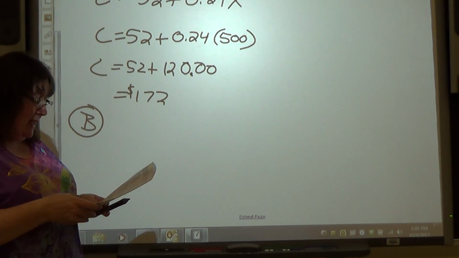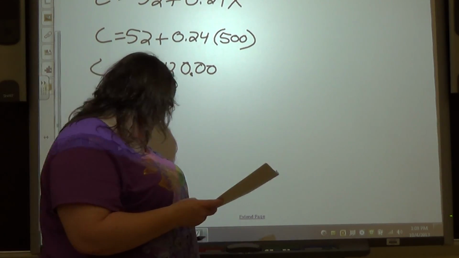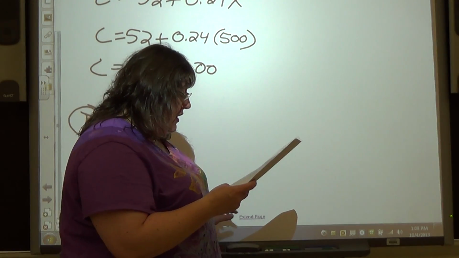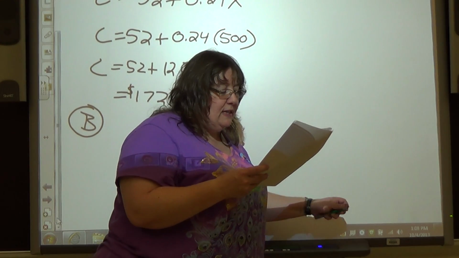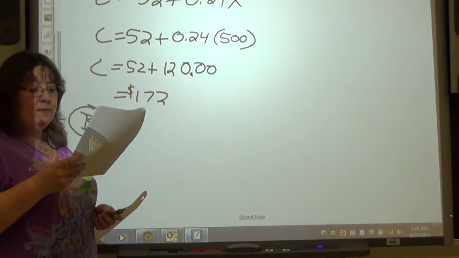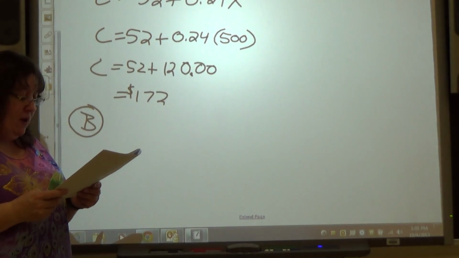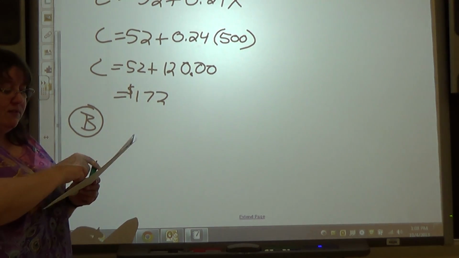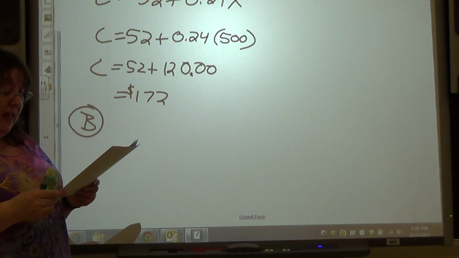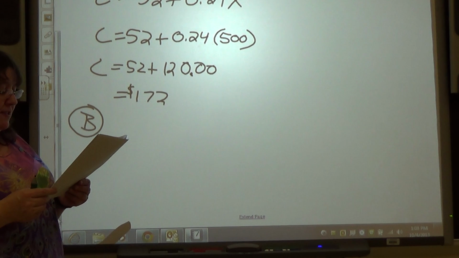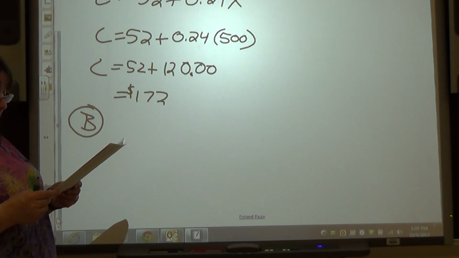Williamston Daily is a new daily newspaper. When they first started printing 3 years ago, they had 5,500 home delivery subscribers. The number of subscribers increased by 72 every month. Write an equation that expresses the number of subscribers, B, in terms of N, the number of months the paper has been printed. Okay? What's constant?